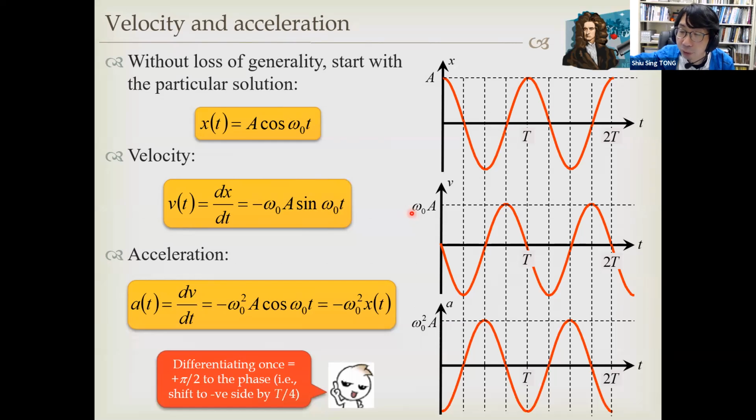The largest value for the velocity is A multiplied by omega naught. Omega naught carries a dimension per second. So distance per second will be the velocity. So the dimension is correct. If you multiply by omega naught again, that turns the displacement into the acceleration. Okay, and the maximum acceleration is omega naught squared A.